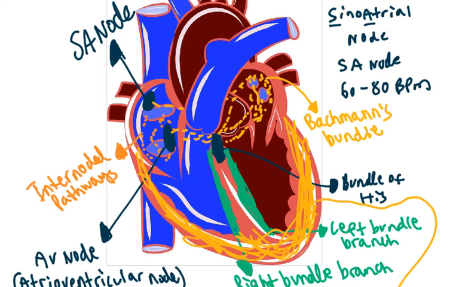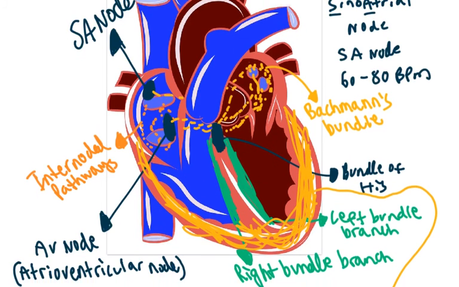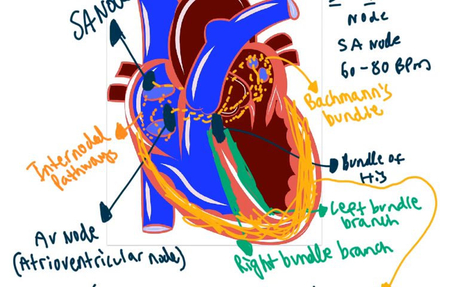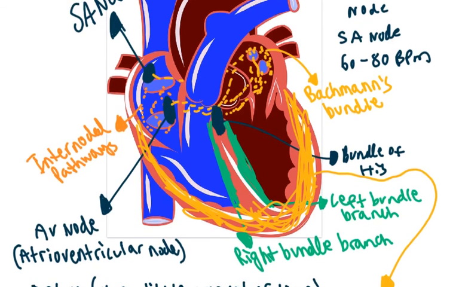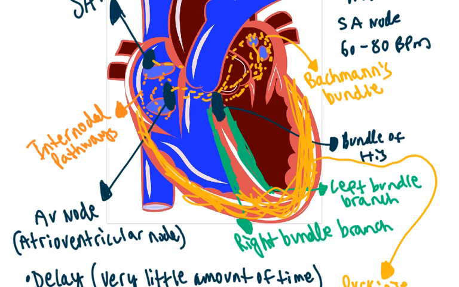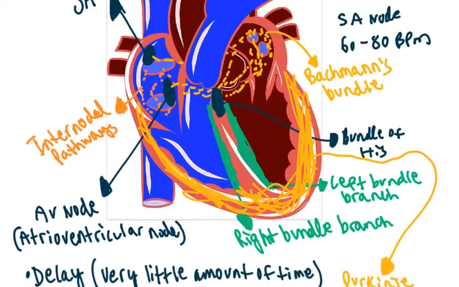However, most of the blood that goes down to the ventricles during ventricular diastole, the relaxation and filling of the ventricles, is just because of natural filling, because of the force of gravity. But the atria have to contract just a little bit in order to push some of that blood down to the ventricles.